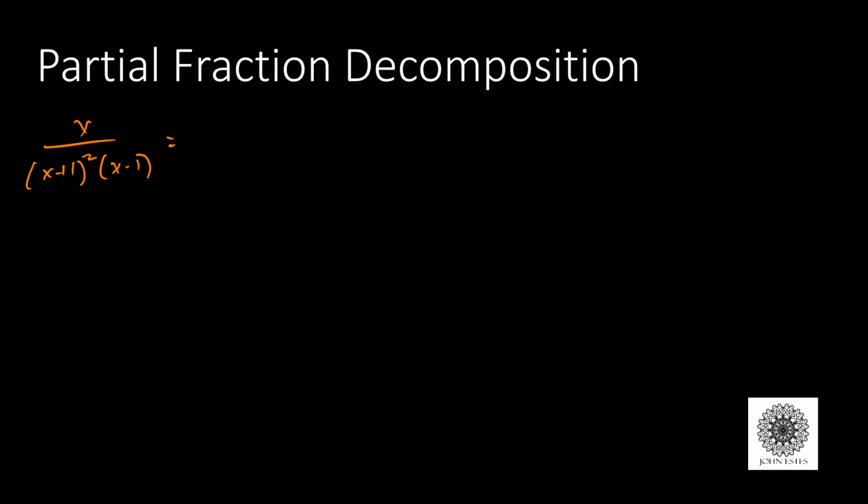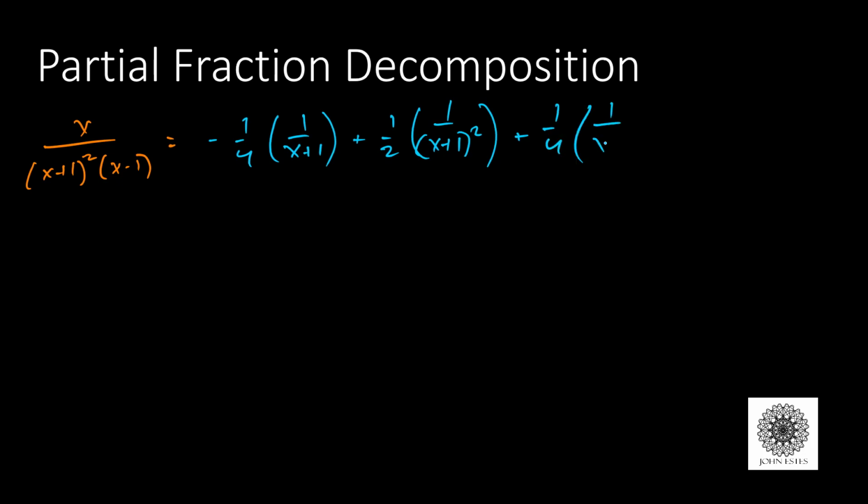And now I can rewrite that as negative 1/4 times 1 over x plus 1, plus 1/2 times 1 over x plus 1 squared, plus 1/4 times 1 over x minus 1. And there we have it. We have successfully decomposed this rational fraction.